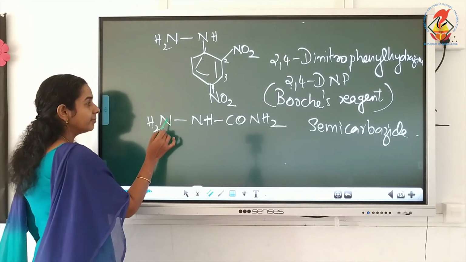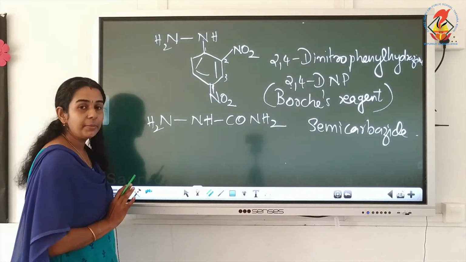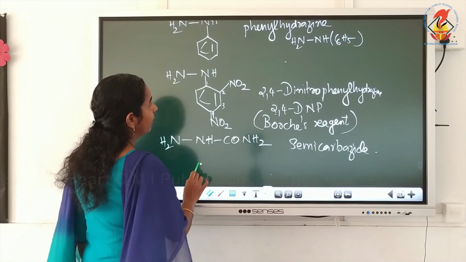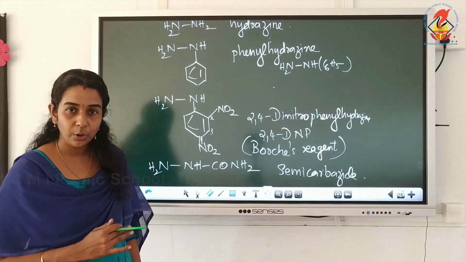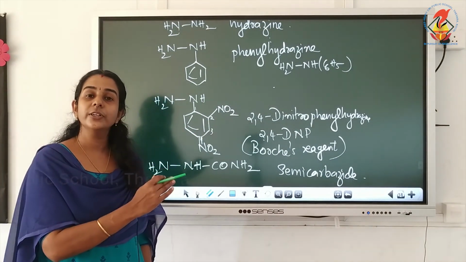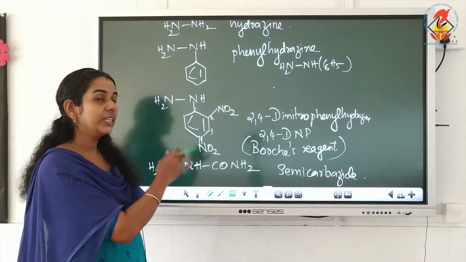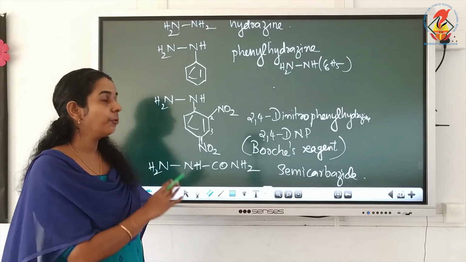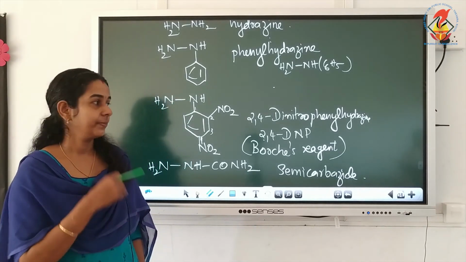So the formula becomes NH2NHCONH2, semicarbazide. So study all these reagents. Write this inside a box in your notebook, and in the next class we will be studying the reactions with all these reagents. So before that you have to study the formulas and the reagent names. Okay, thank you.